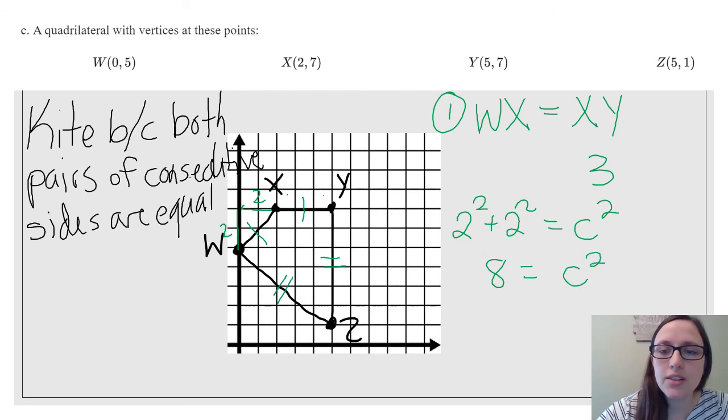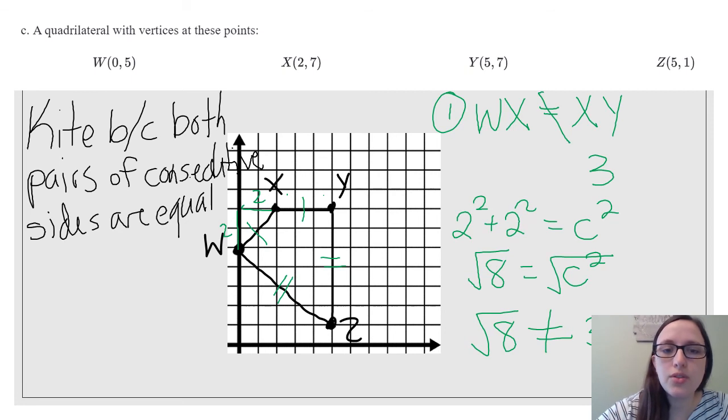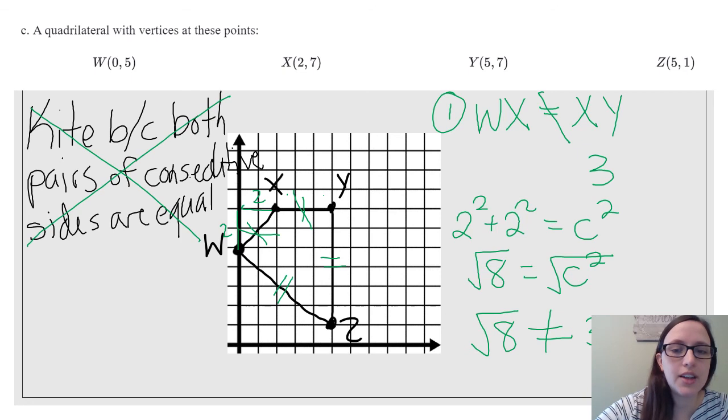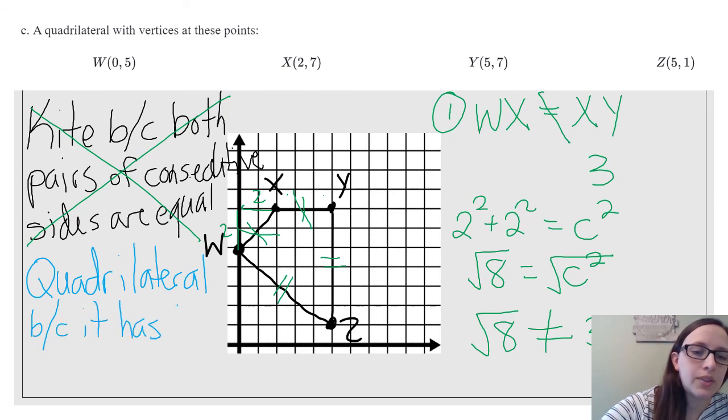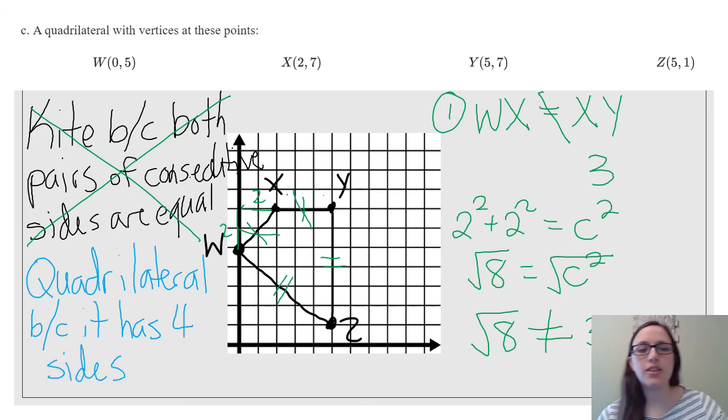And to get c by itself, you just have to square root both sides. So the square root of 8 is not equal to 3. So those two sides are not equal to each other. So I can't say that it's a kite, but what I could say is that it's just a quadrilateral because it has 4 sides. So for this one, this quadrilateral does not have a special name.